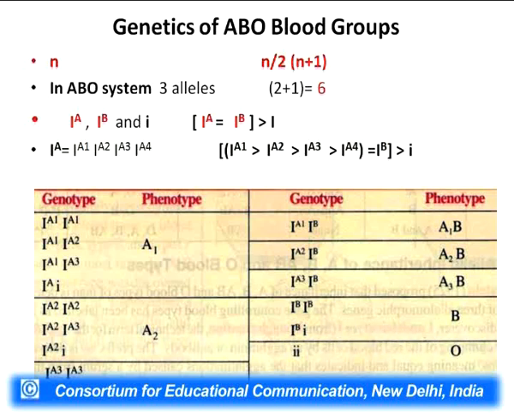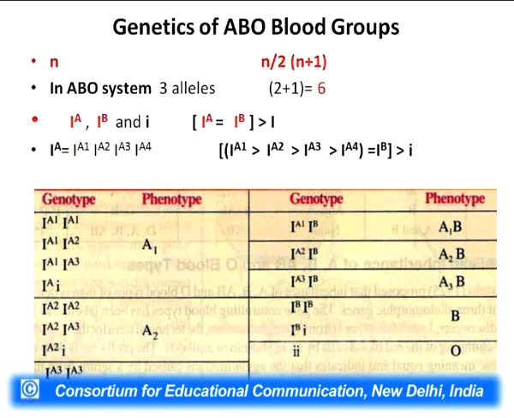Recently, it has been found that the allele IA itself is divided into 4 sub-alleles, and they are also active to different degrees, and now they have been grouped as IA1, IA2, IA3 and IA4.